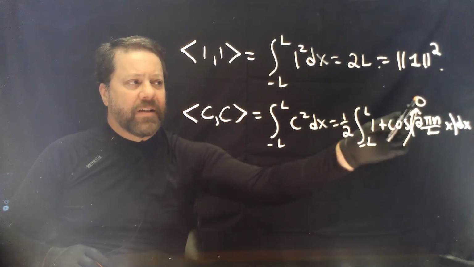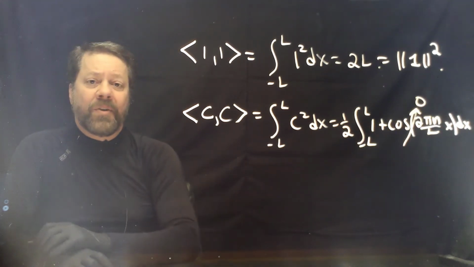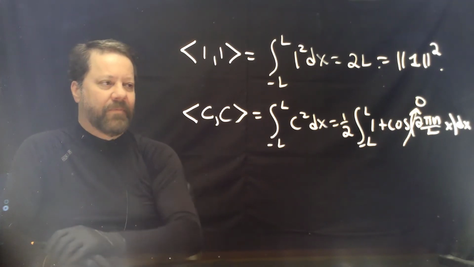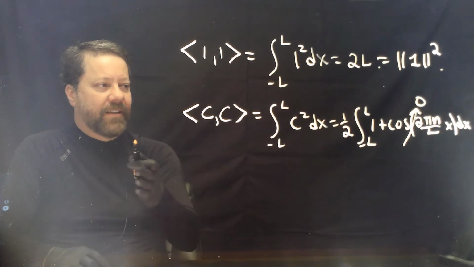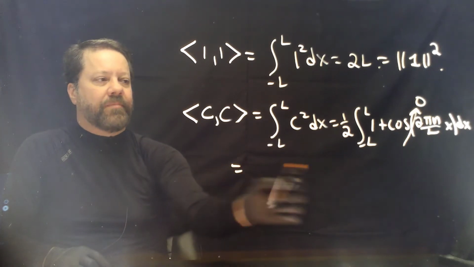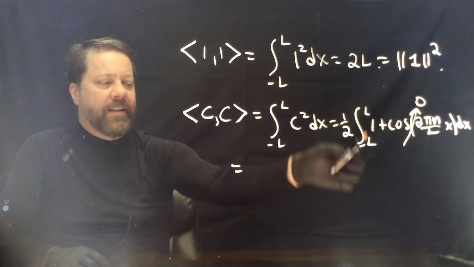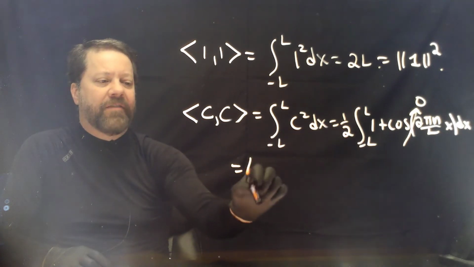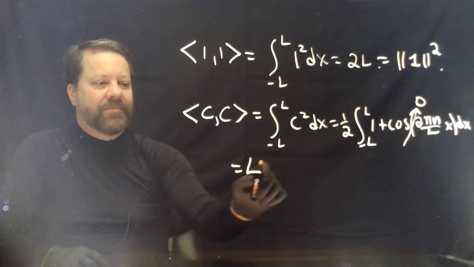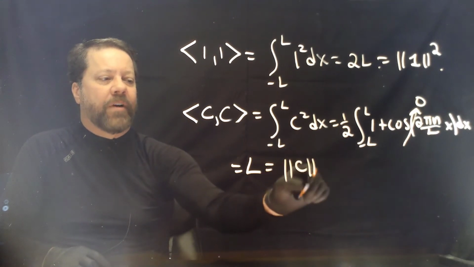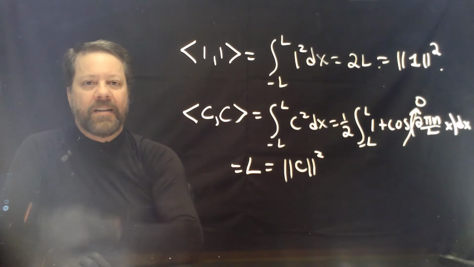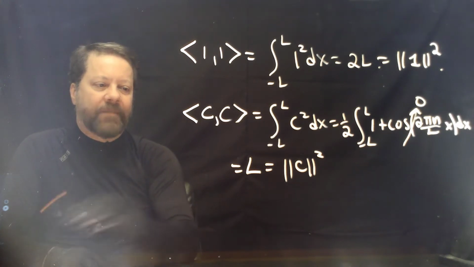The last term is 0 because we'll have an integer number of periods cycled through the interval from negative L to L. It follows then that the integral is 2L multiplied by 1/2, we get L. That's the norm of one of our cosines squared. Again, to normalize, we'll have to divide by the square root of L.